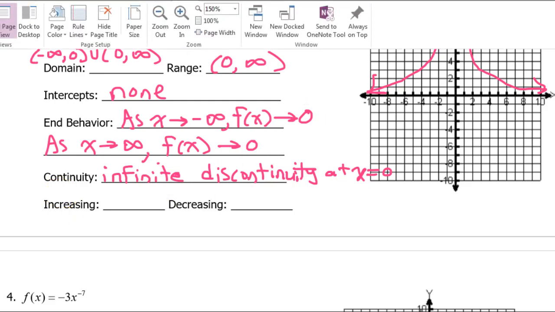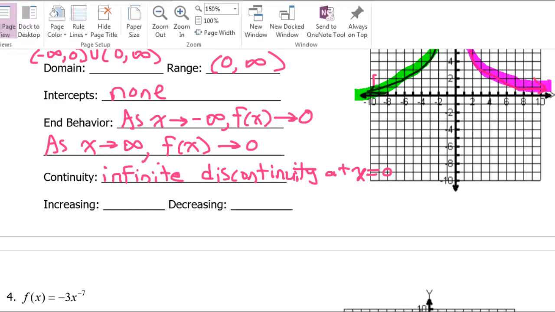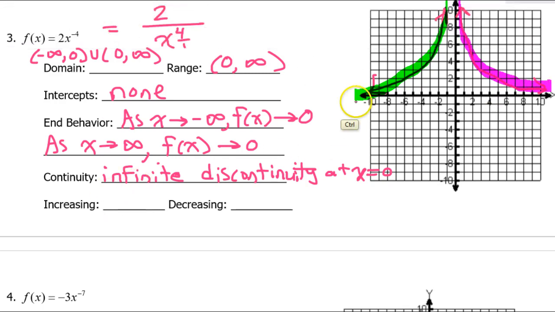Let's do increasing and decreasing. From left to right, this portion of the graph is increasing. See how it went uphill when I drew it? And this portion of the graph is decreasing. See how it goes downhill as I draw it. Okay, so increasing intervals, that's from the left to 0. When I do these intervals, I'm staring at the x-axis. So I'm not going to say from negative infinity to positive infinity, all right?